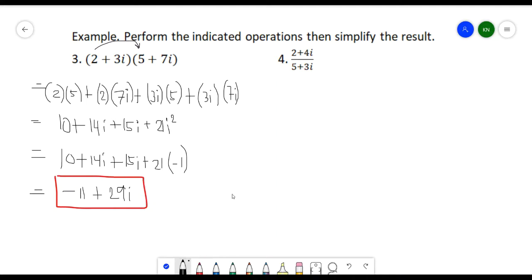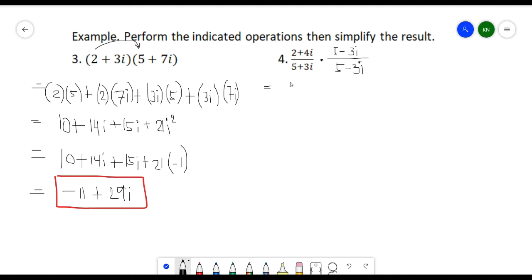Now we'll move on to the division of our complex numbers. Again, in the division of complex numbers, you need to multiply with the conjugate of our denominator. So we have 5 minus 3i divided by 5 minus 3i, and then perform the operations.